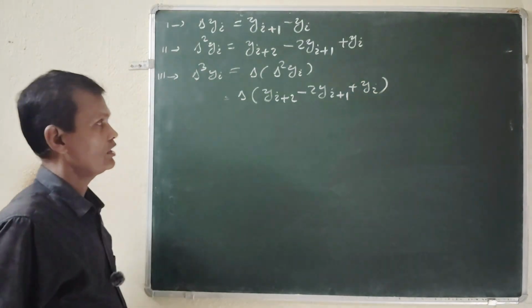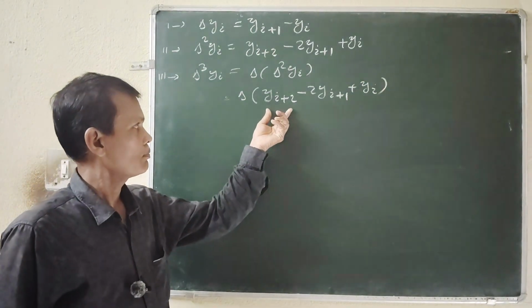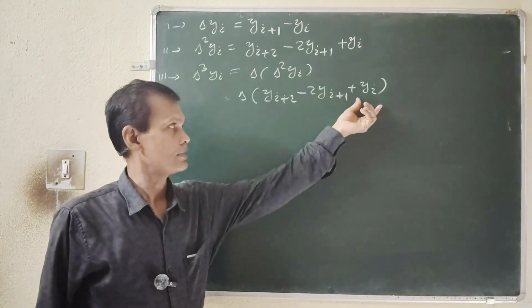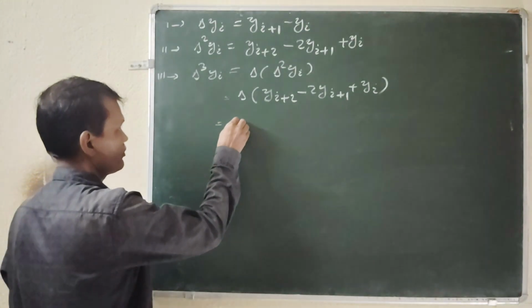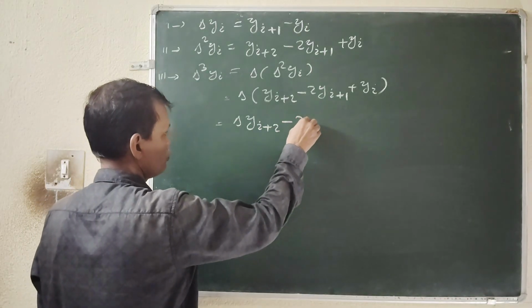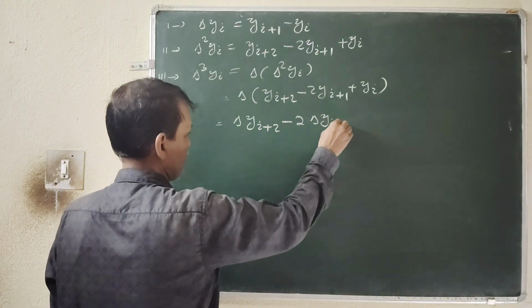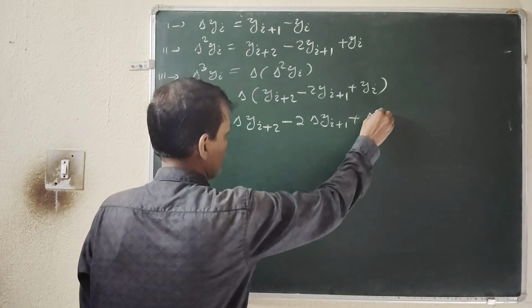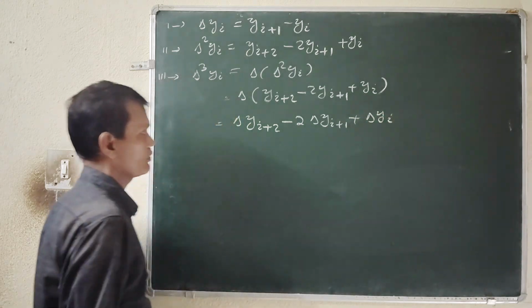Then apply the linearity property, that means delta of this minus delta of this plus delta of this. So that gives delta yi plus 2 minus 2 delta yi plus 1 plus delta yi.